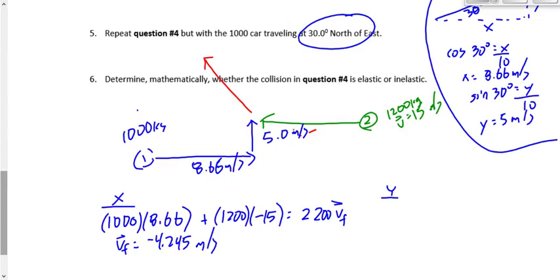meters per second. We do the same thing for the y component. 1,000 times 5, because the y component of the first one was 5, plus 0, because this is all x, equals 2,200 times VF.